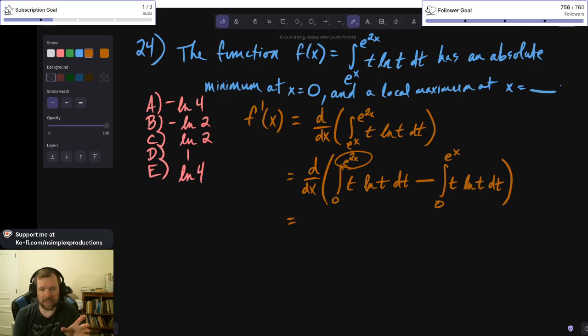This does mean that we have to work with something that isn't just x, because normally the Fundamental Theorem of Calculus says that d/dx of the integral from any constant up to just x of some function of t dt ends up being the same as just g of x.